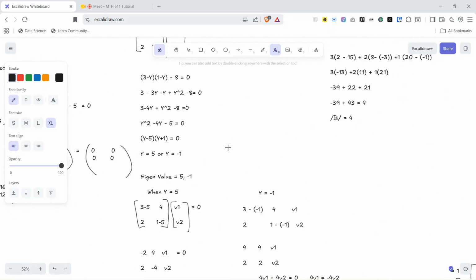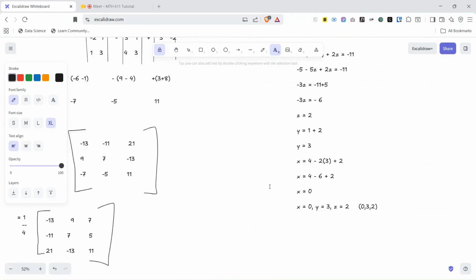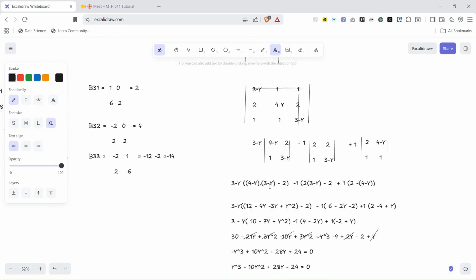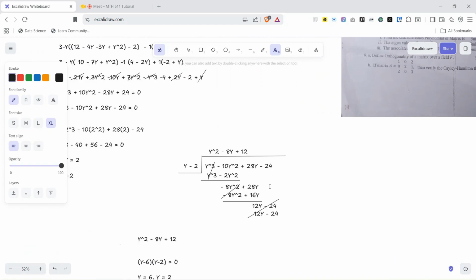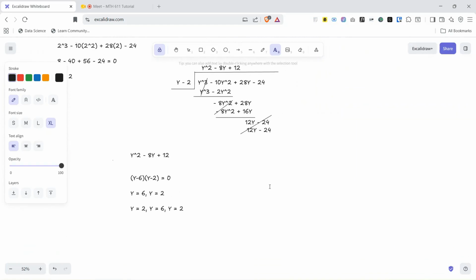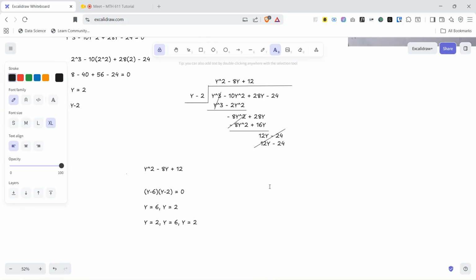We did something like this yesterday where we solved something like this. So this is the same thing we are going to do for that equation. Now we are going to do it one by one. So we'll start with when lambda equals 2.